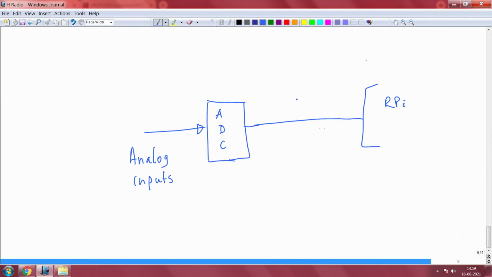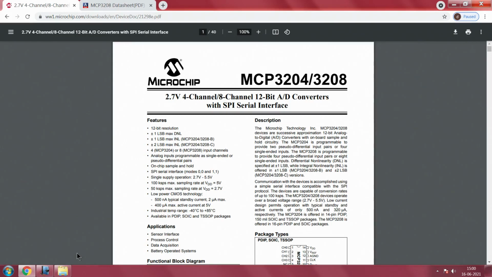So here you are getting digital. One such chip that is quite popular in the IoT world is the chip called MCP3208.